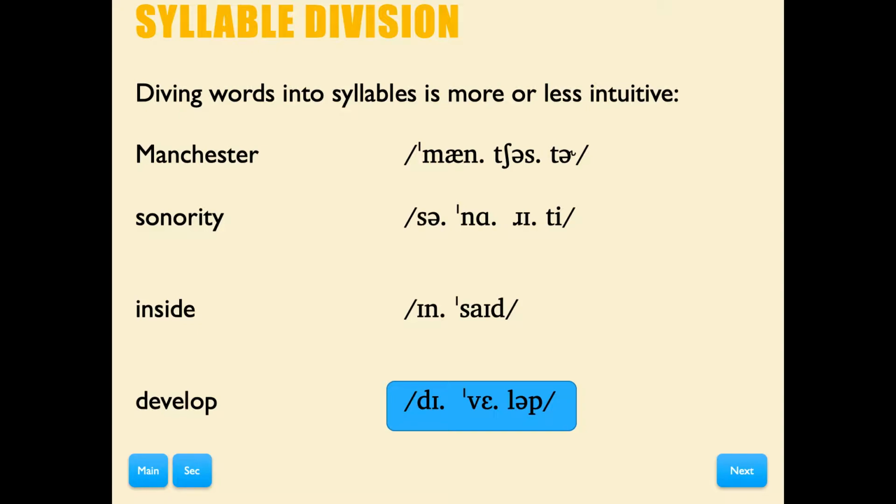Manchester, sonority, inside, develop. So most of you probably would say Manchester is syllabified like this. In phonetics, the dot here indicates a syllable break. It means a syllable ends and another one begins. So Manchester would be syllabified Man.chester.